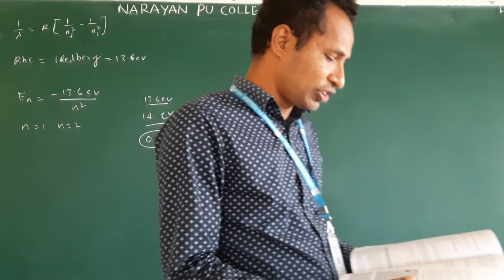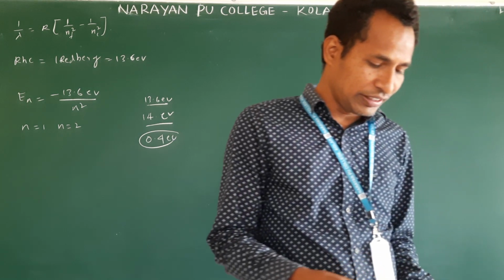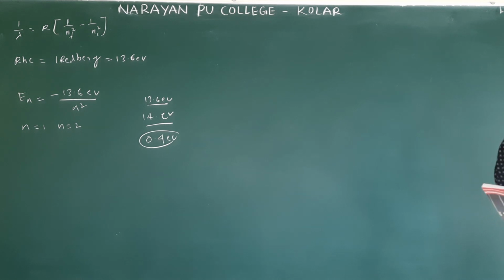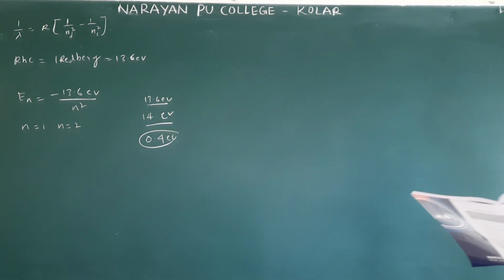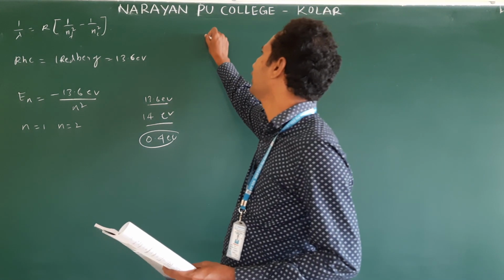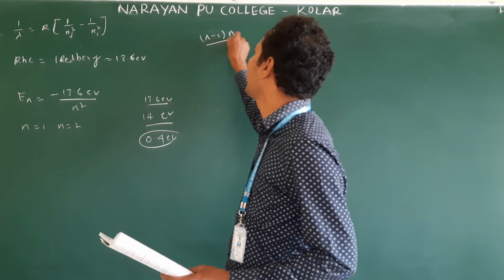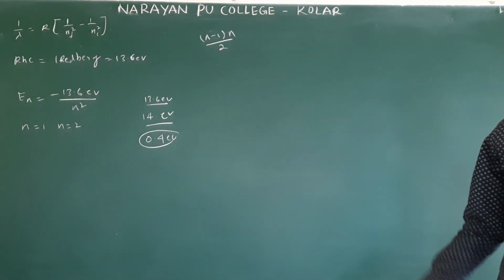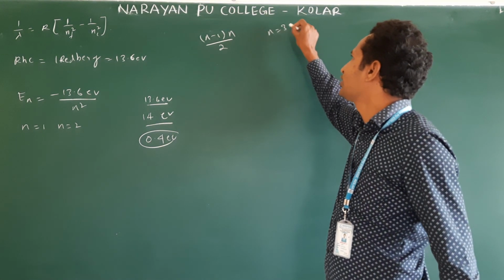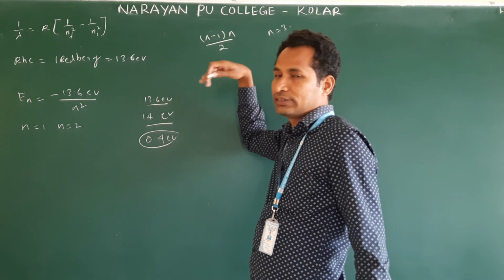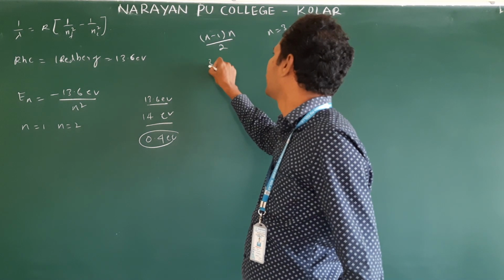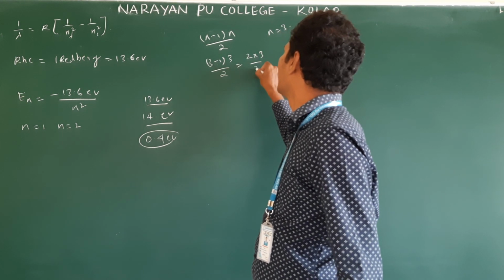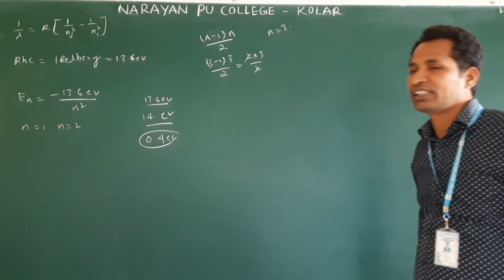Absorption and emission spectra we have already seen. The number of lines in the emission spectra formula is very important: n minus 1 into n by 2. Clear? If the electron was in the third state, n is equal to 3, the possible number of spectral lines: substitute 3 minus 1 into 3 by 2. So 2 into 3 by 2, cancel, 3 possible.